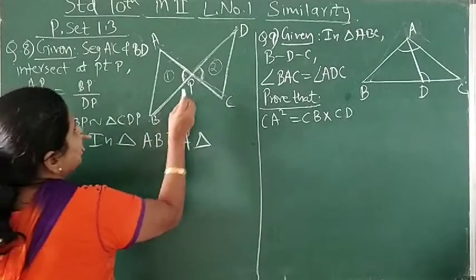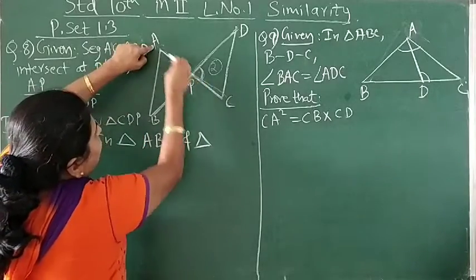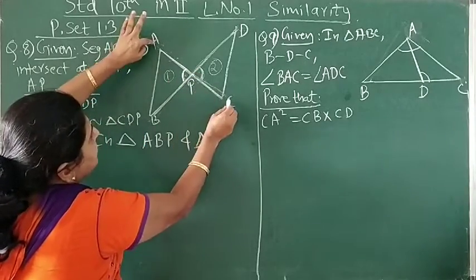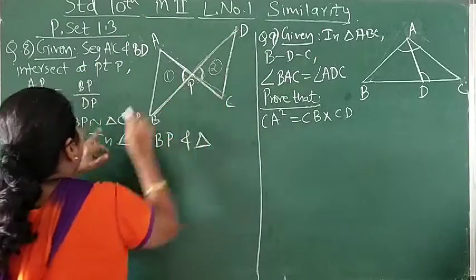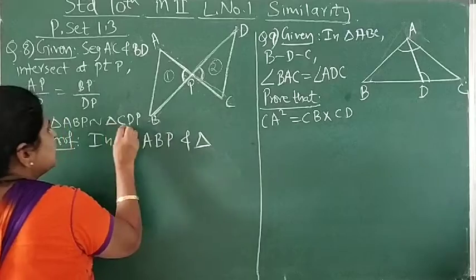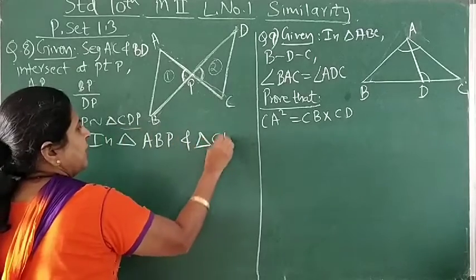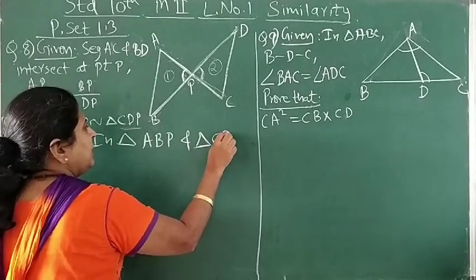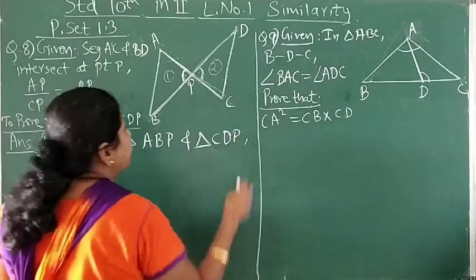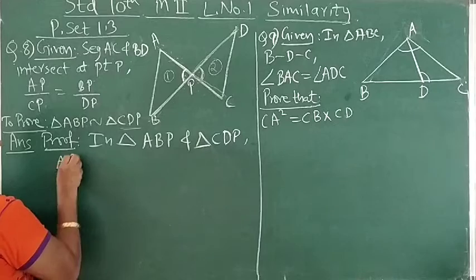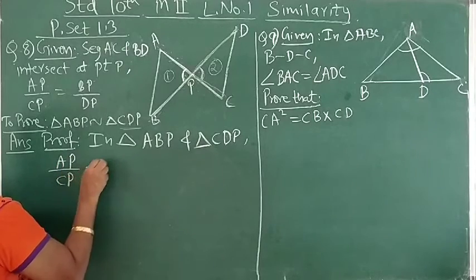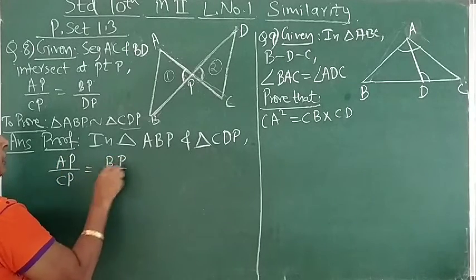A with C. Yes, if P is with P and AP corresponds to CP, then A is going to correspond with C, B with D, and P with P. So this is the correct correspondence. So we can write in the same order. In triangle ABP and CDP, let's write these two sides are in proportion, that is AP upon CP is equal to BP upon DP.